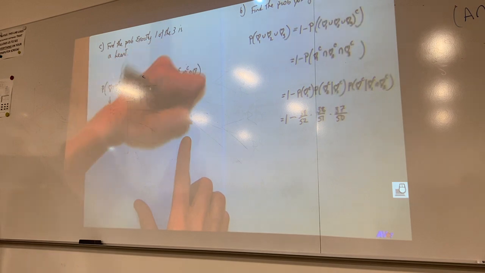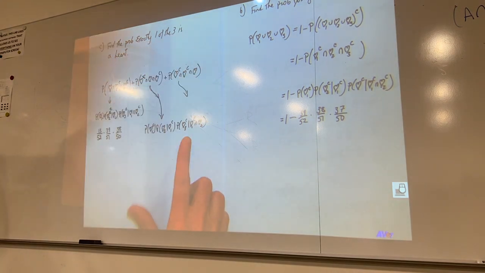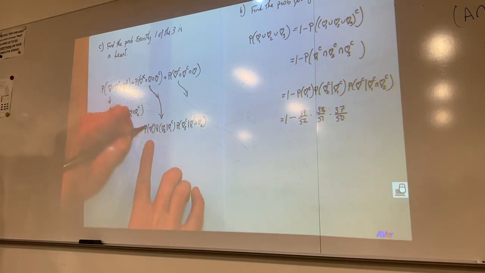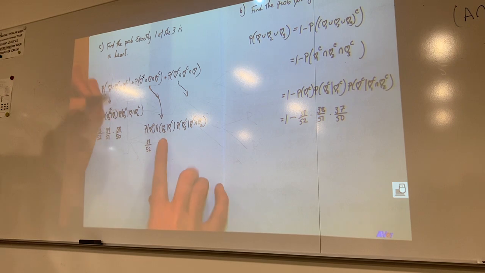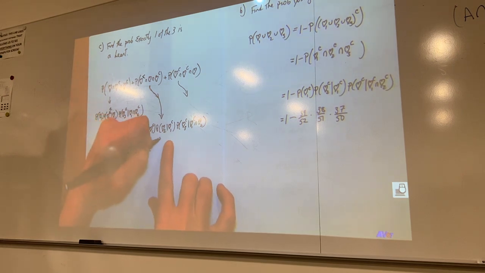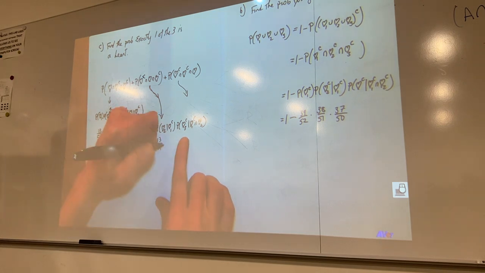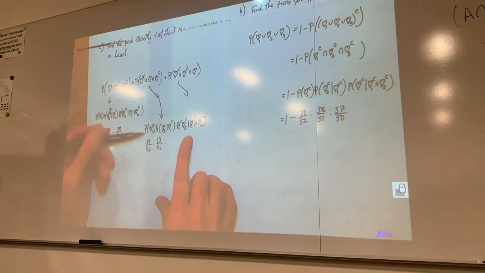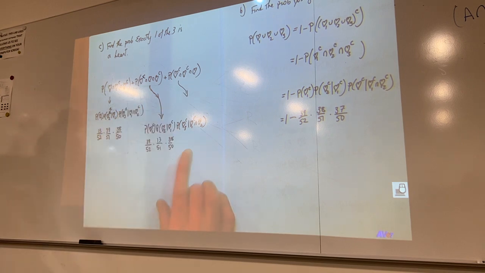And you see that this is 39 over 52. This one here, you still have all 13 hearts, but you only are drawing from a pool of 51. This one here, you've already removed one not heart, so you've got a 38 over 50. You see that those are equal to each other.